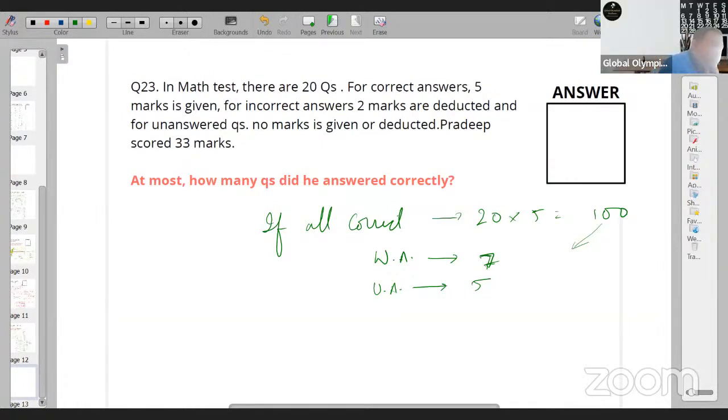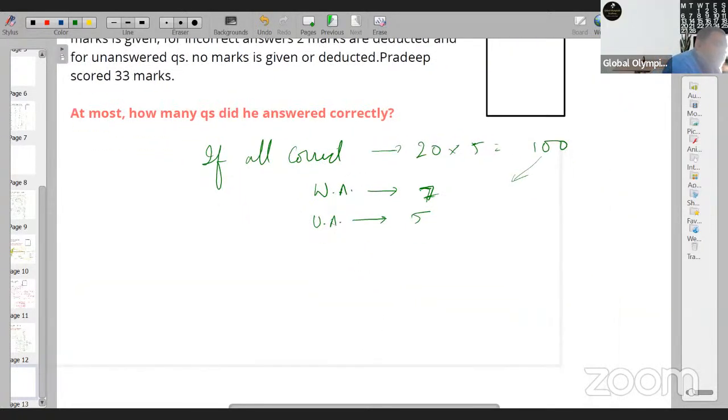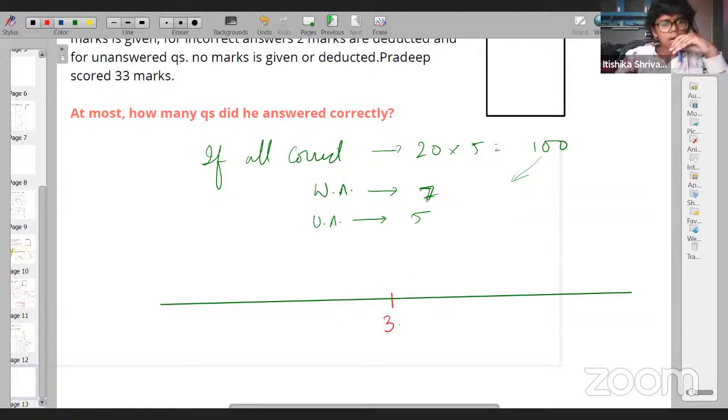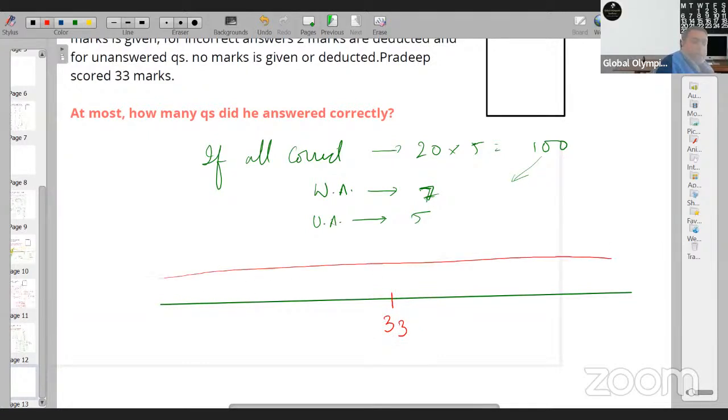Okay, I'll give you a very simple concept in this. Let's say somebody scores 33. This is a combination of what he got correct and what he got wrong. Because of wrong, he will come down by 2, 2, 2, like that.